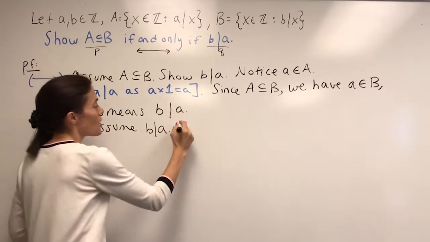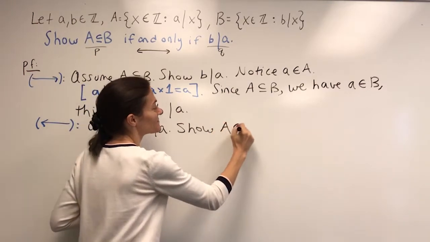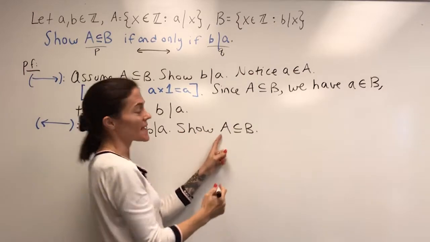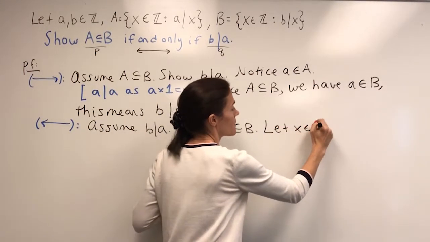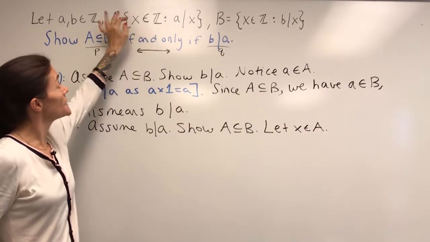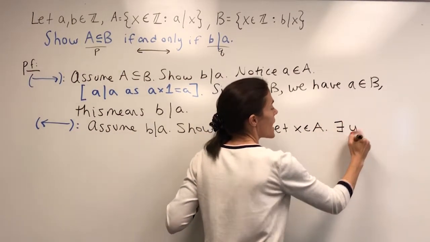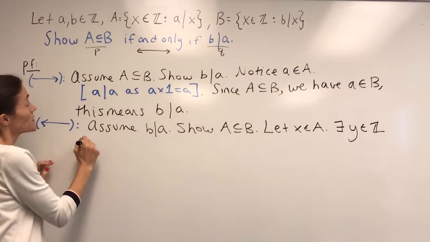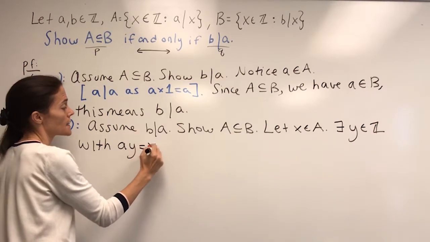And we want to show that A is a subset of B. To show A is a subset of B, we take an element of A and argue why it is an element of B. Okay, well, since x is in A, let's unravel the definition. There exists a y with, well, we know that a divides x, so ay equals x.